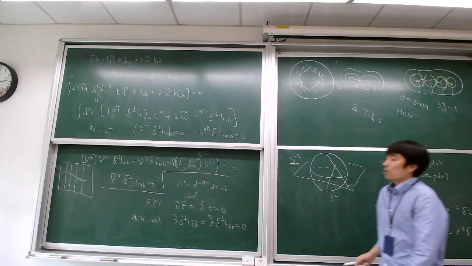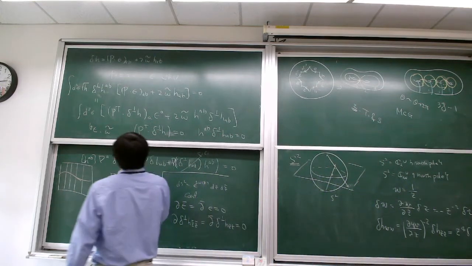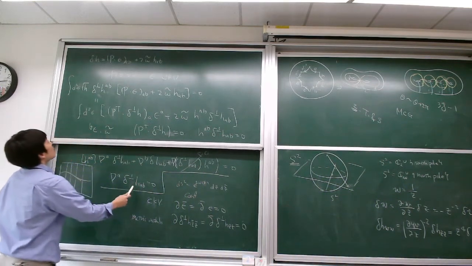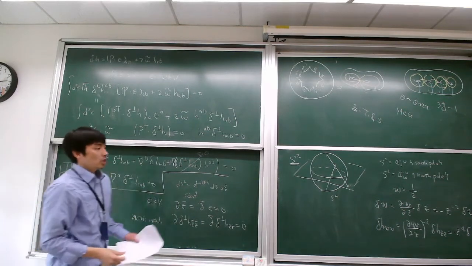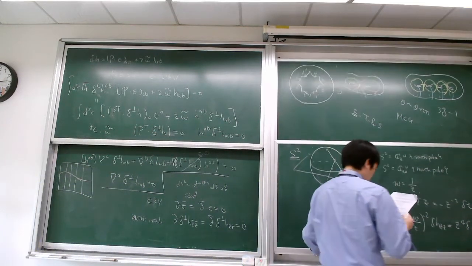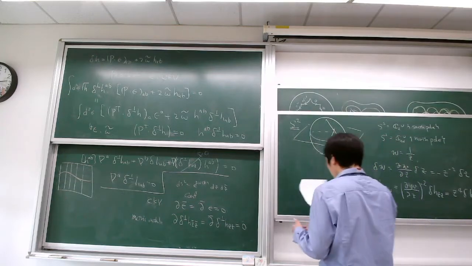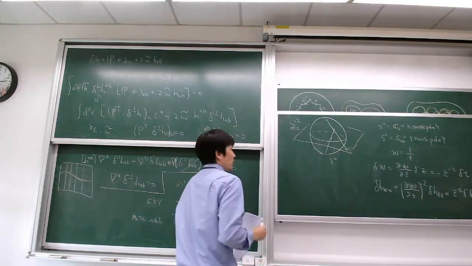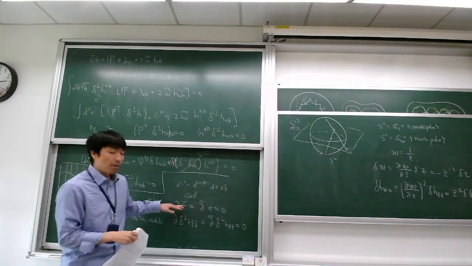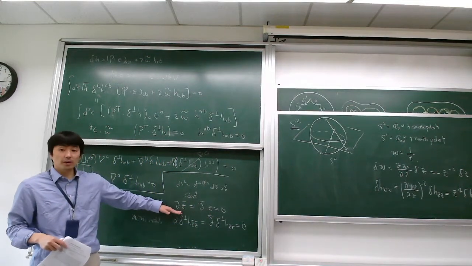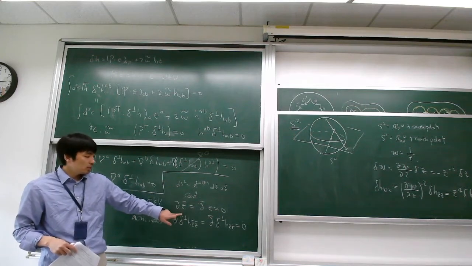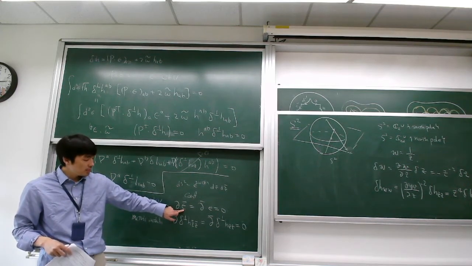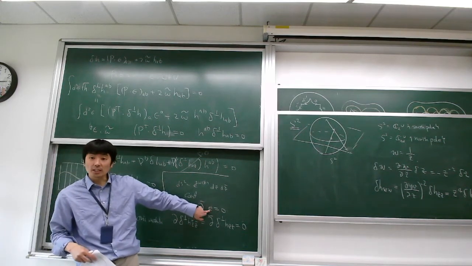And in order for them to satisfy this condition in conformal gauge, it has to be holomorphic everywhere. So this conformal Killing vector equation will tell us that everything has to be holomorphic. This epsilon has to be holomorphic.